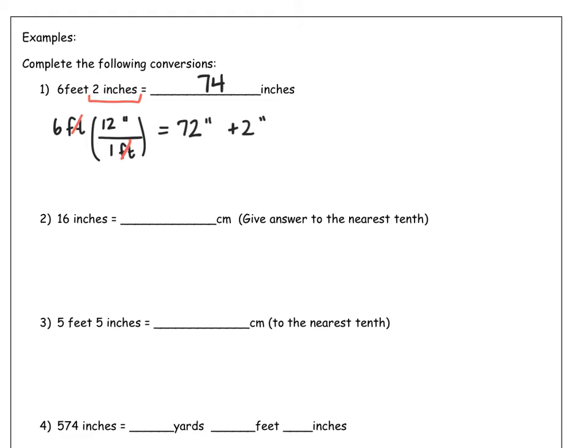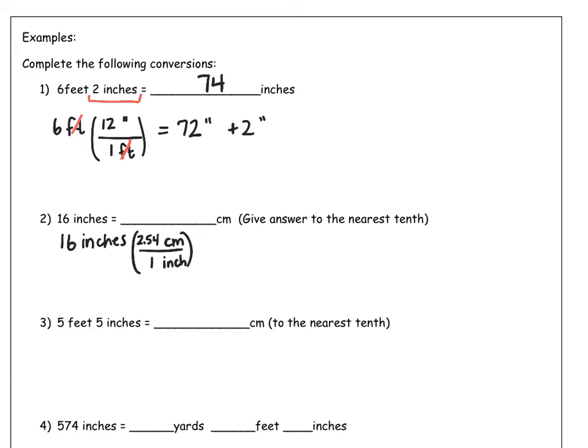Okay, if I want to convert 16 inches into centimeters, so again, you start by writing down what you're given. So 16 inches, set up a conversion fraction, and I would like to have inches on the bottom, centimeters on the top. And from my sheet, I know that 1 inch is 2.54 centimeters. Notice that there's that conversion.